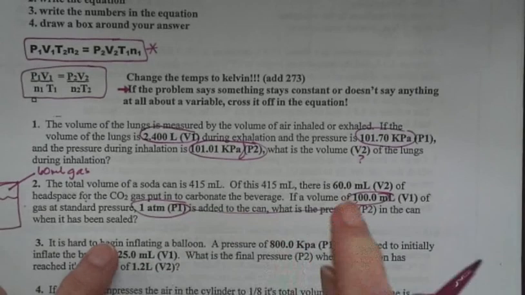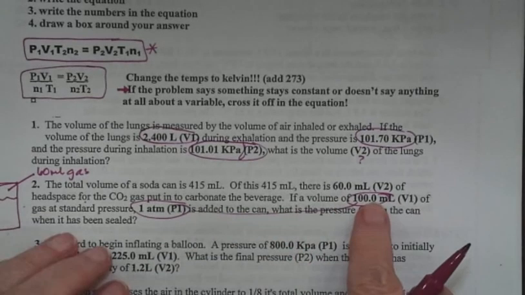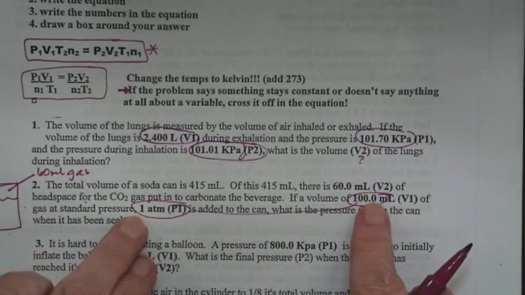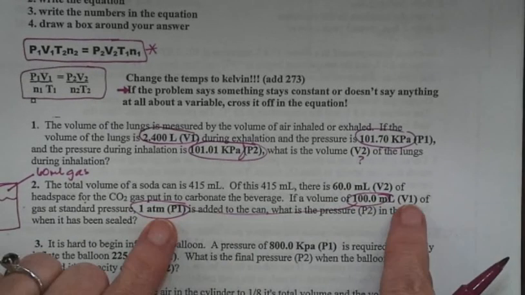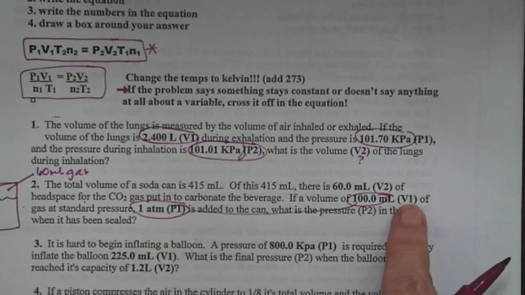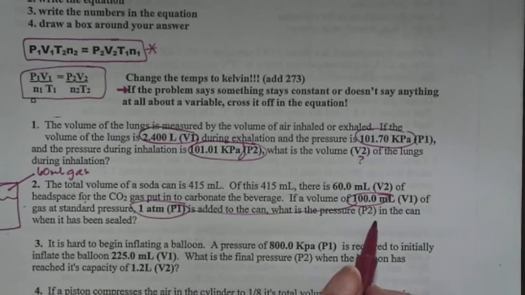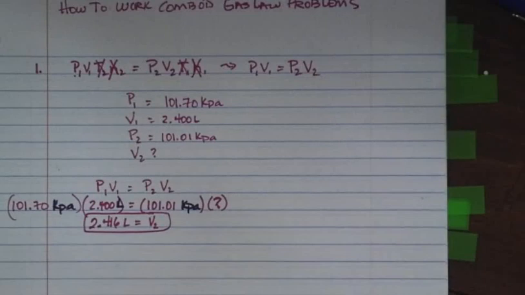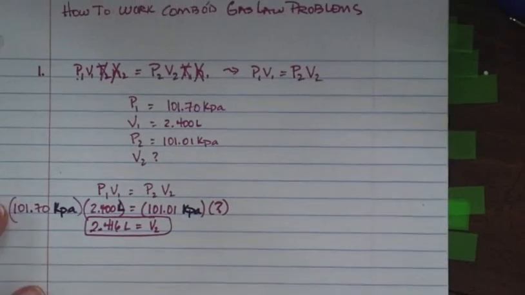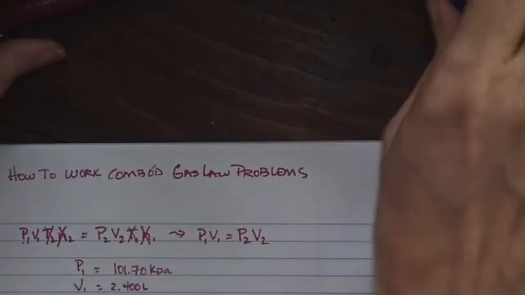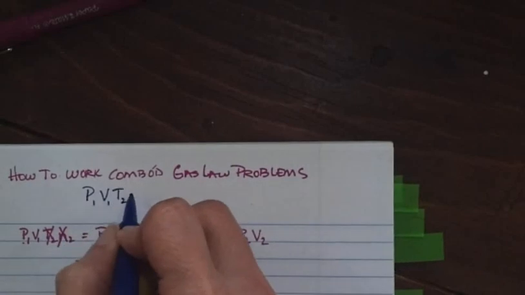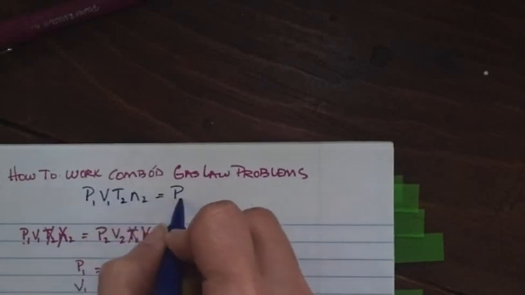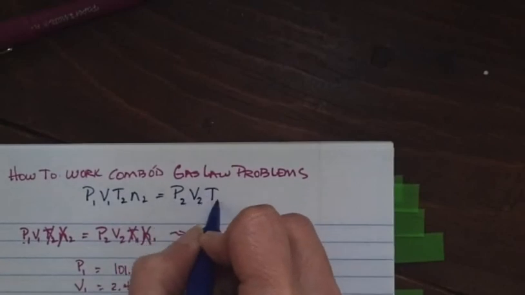If a volume of 100 mils of gas at STP, there it is right there. So that's why these two are linked together. Again, you can call these ones or you can call these twos, it doesn't matter. So what's the pressure? Now I'm going to come back up to the top and write my big equation one more time: P1 V1 T2 N2 equals P2 V2 T1 N1.